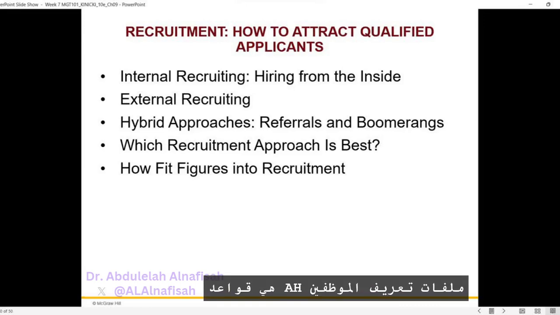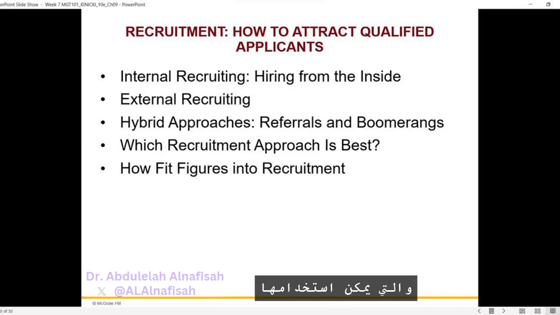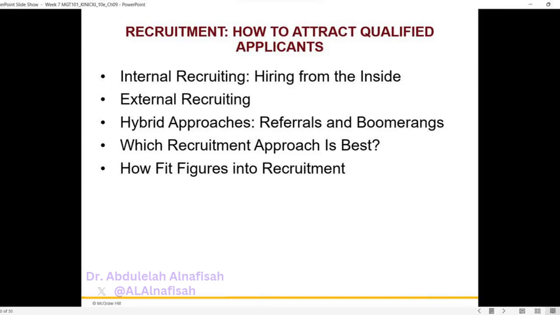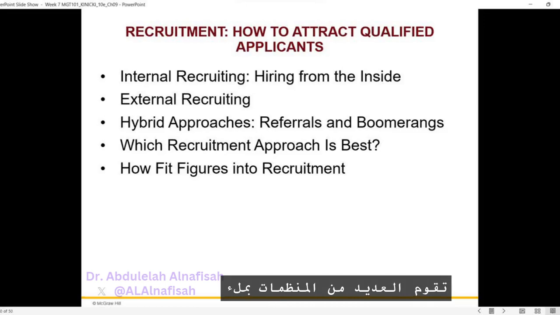Employee profiles are databases that store information on individual employee competencies and qualifications, which can be used to identify potential candidates for internal positions. Internal recruiting is a common practice, with many organizations filling vacant positions internally.